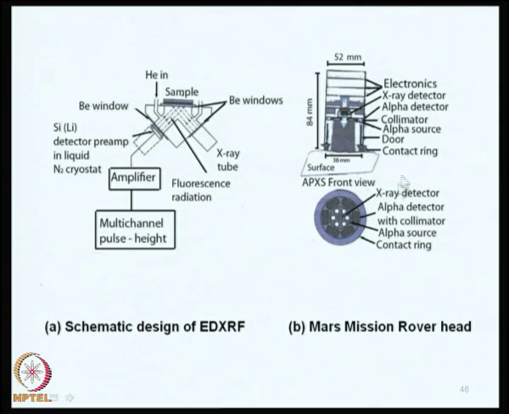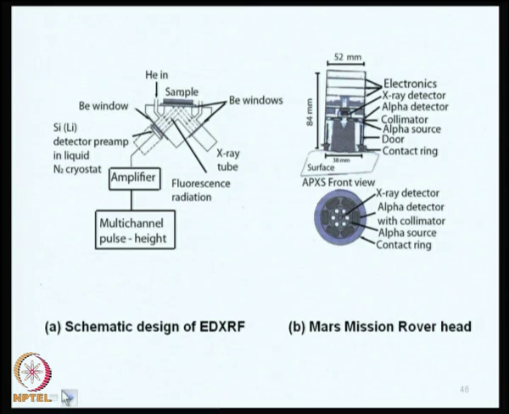This is the Martian rover detector, the Mars mission rover detector. Here you can see that X-ray detectors are all located around these 6 heads. APXS. This is the front view, and the alpha source is there, the contact ring is there, and then the door, etc. Other things are all set here.